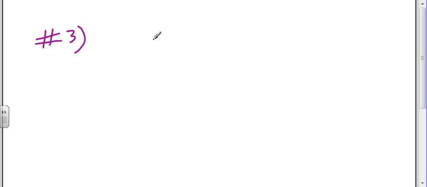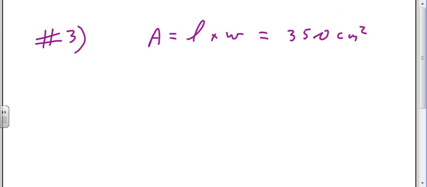Okay, so the area, which is length times width, I know that looks sort of like a B, so we'll make it look more like an L. There we go, that's better. Is going to be 35 centimeters squared. I knew I shouldn't have put the 0 there.